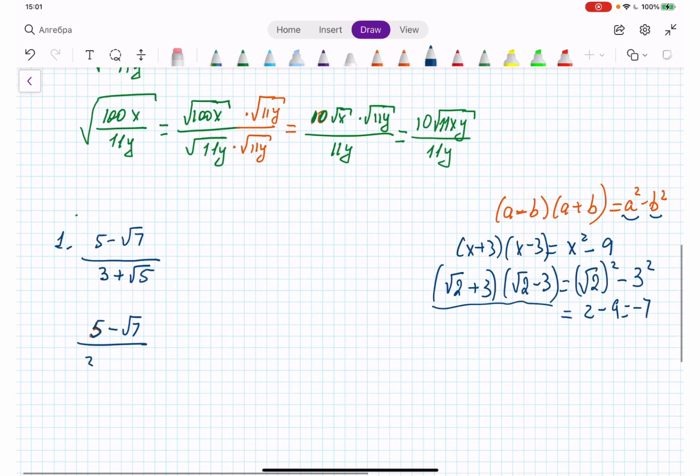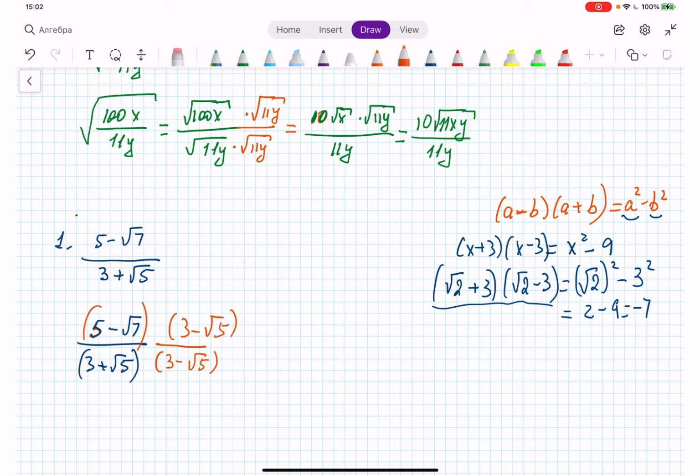Here I have 3 plus square root of 5, so the conjugate will be if I multiply by 3 minus square root 5. Same terms, but I'm using the opposite operation. And the same thing I'm writing down here, 3 minus square root 5. Let me put this also in parentheses, so it won't look like 5 minus square root 7 times 3 minus 5 square root 5.